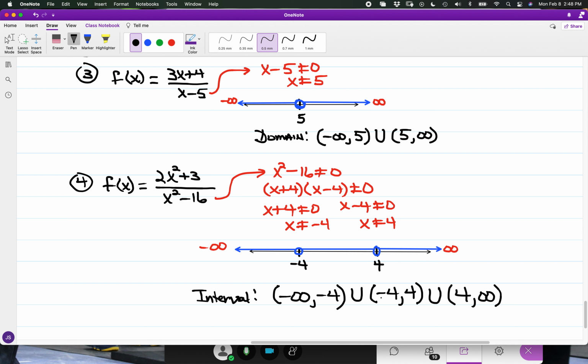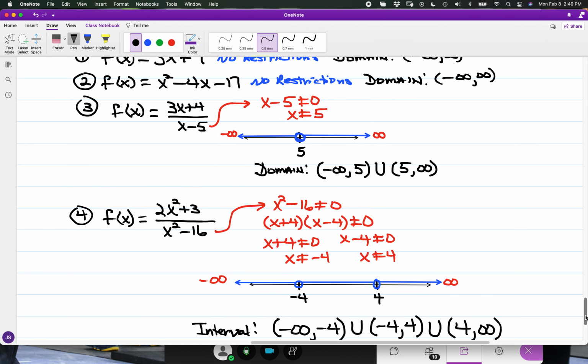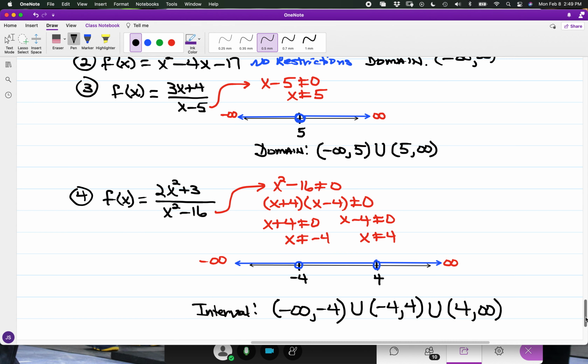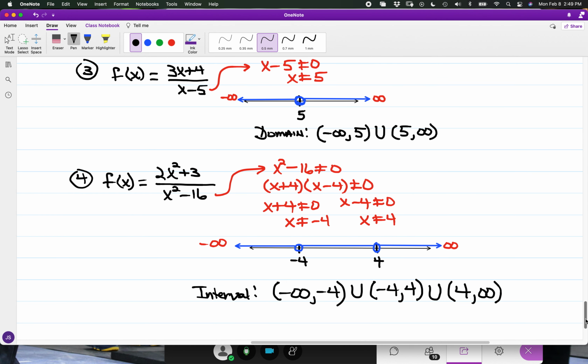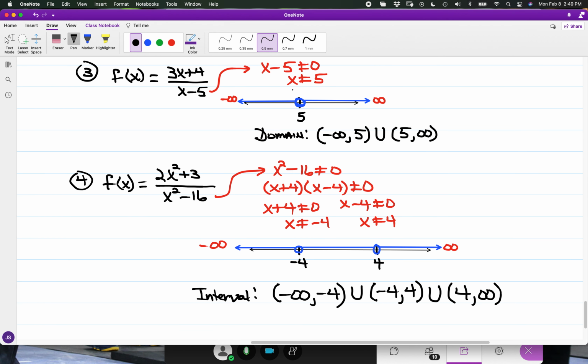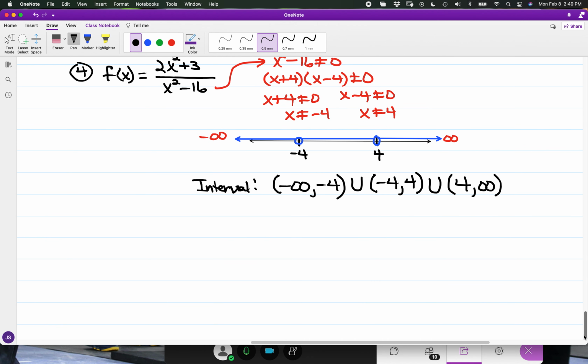Had I ended up with a third exclusion, say if x could not be negative 4 or 0 or 4, then I would have had 4 subinterval sections indicating the exclusions of negative 4, 0, as well as 4. So you do have exclusions potentially in the domain if your function happens to be a fraction and you have restricted values that would otherwise create a 0 denominator in the ratio.